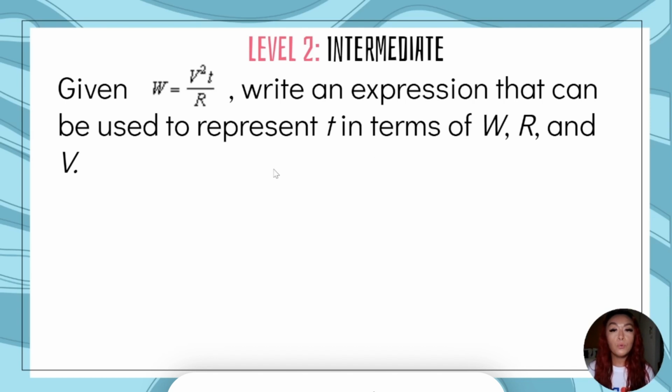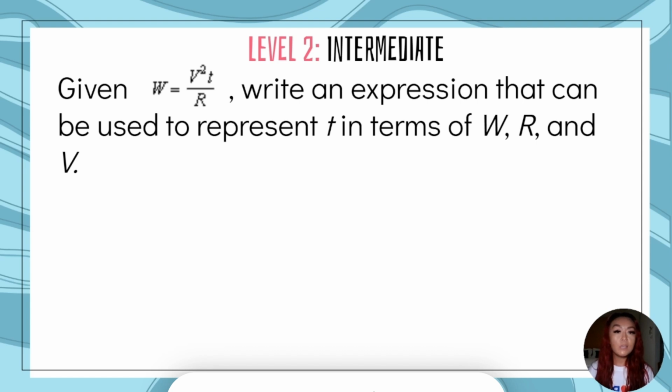In Level 2, we'll look at literal equations that are a little more multi-step. So given W equals V squared T over R, write an expression that can be used to represent T in terms of W, R, and V. So first thing you want to ask yourself is, which variable are they asking me to solve for?